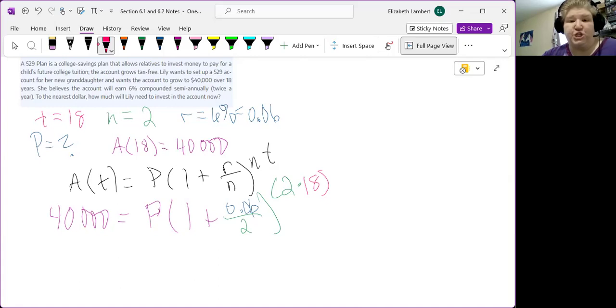All right, so if I'm just crunching that decimal next to P, open parenthesis, 1 plus 0.06 divided by 2, close, raised to the open 2 times 18. So this gives us 2.89827 blah, blah, blah. So now I'm going to type 40,000 divided by, my calculator has a nice recently calculated.